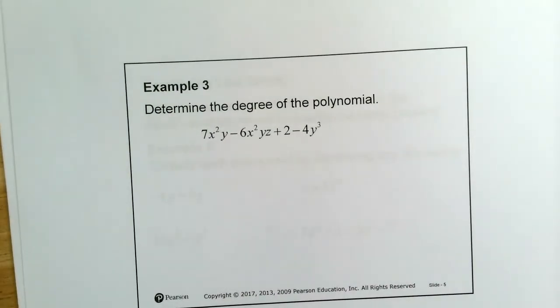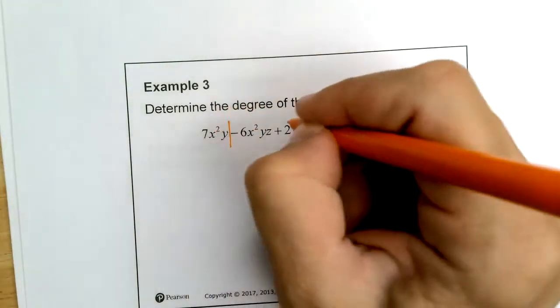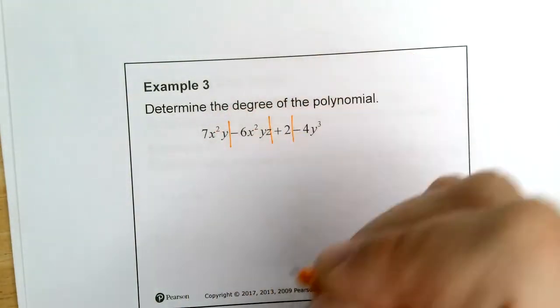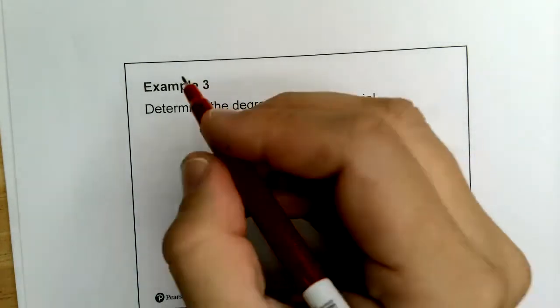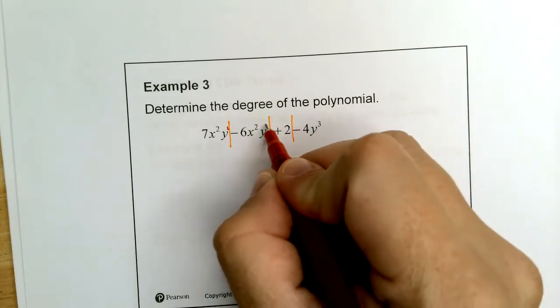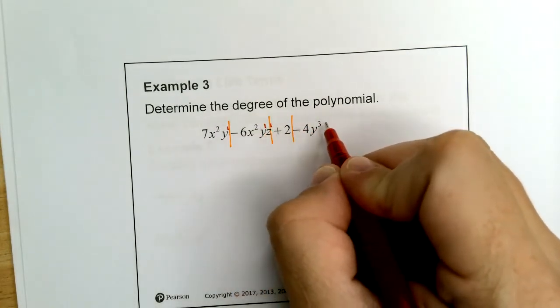Example 3, determine the degree of the polynomial. So same thing. Let's separate the terms: here, here, and here, and we'll add them up. That's a 1, that's a 1, that's a 1, that's a 3.